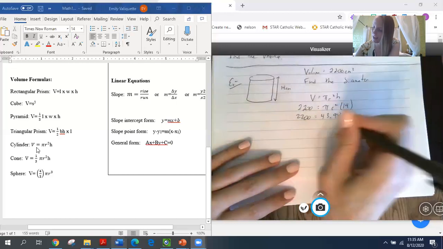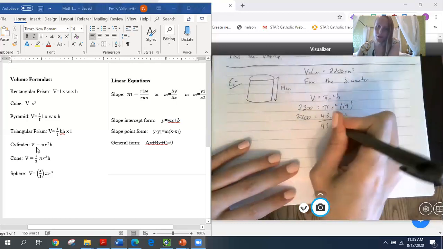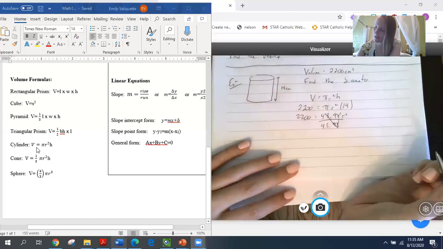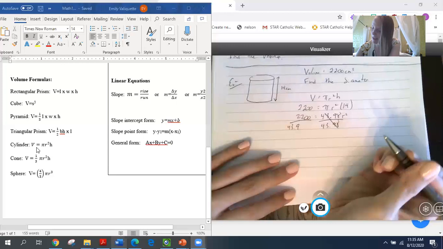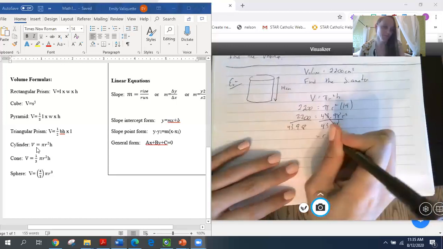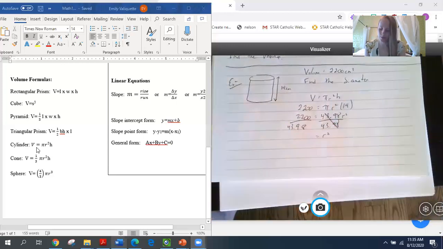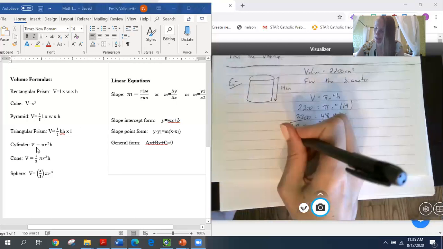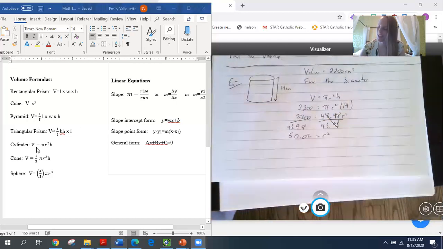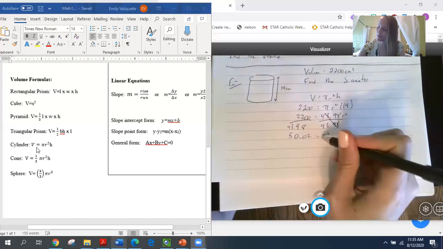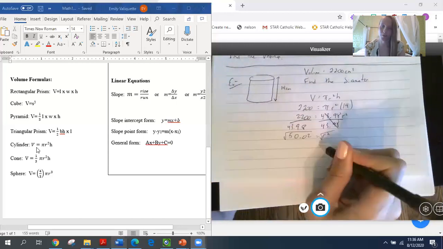I can divide the number away from the variable, and of course I must also do that on the other side. So 2200 divided by 43.98 gives us about 50. It's 50.02. And then of course I just need to square root to get the r by itself.